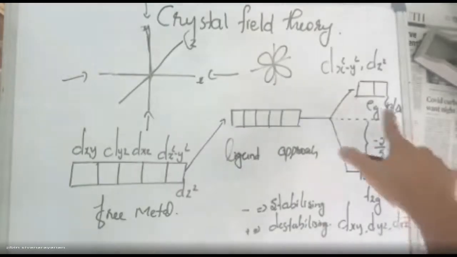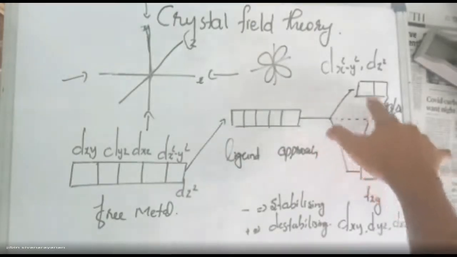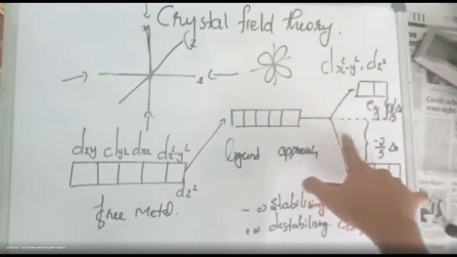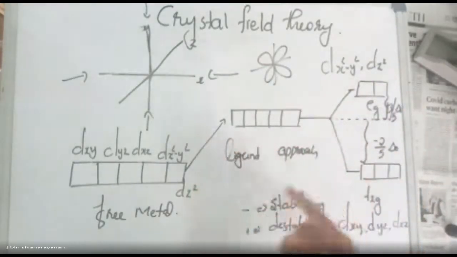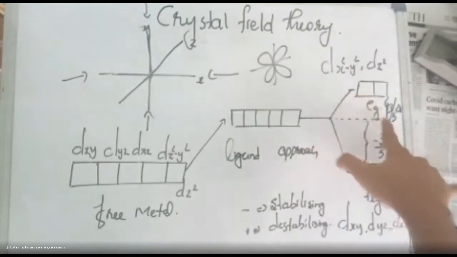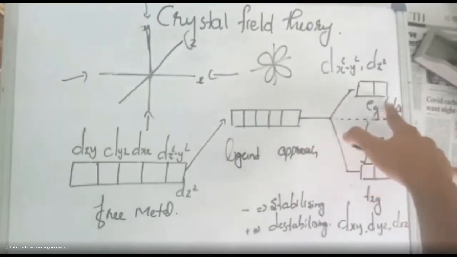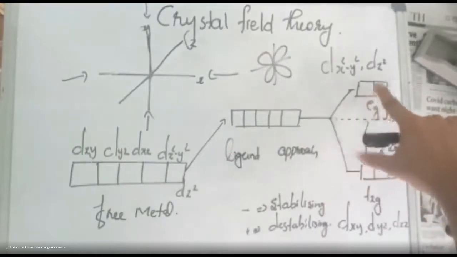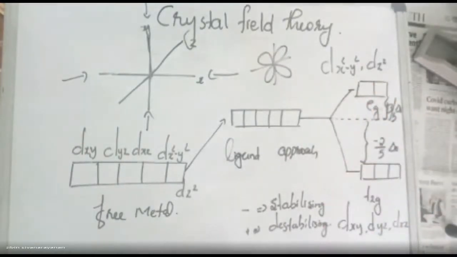Those 2 orbitals are the Eg orbitals, dx square minus y square and dz square. That is why they are destabilized from the barycenter by plus 3 by 5 delta O. Delta O is the crystal field splitting in octahedral complexes. The other 3 orbitals are in the planes, so they are stabilized with respect to the orbitals present in the axis.